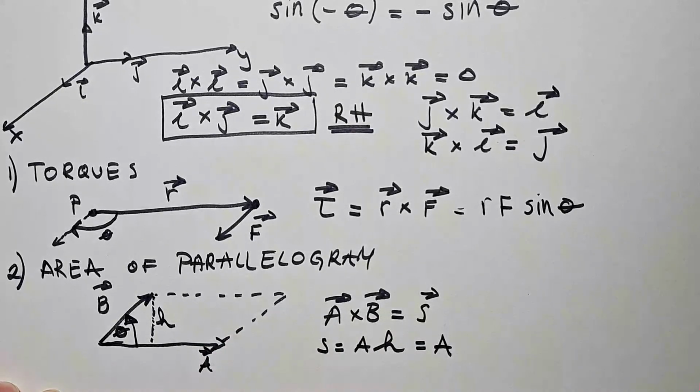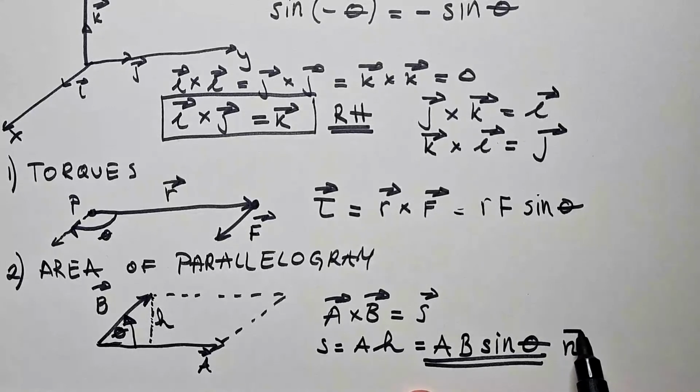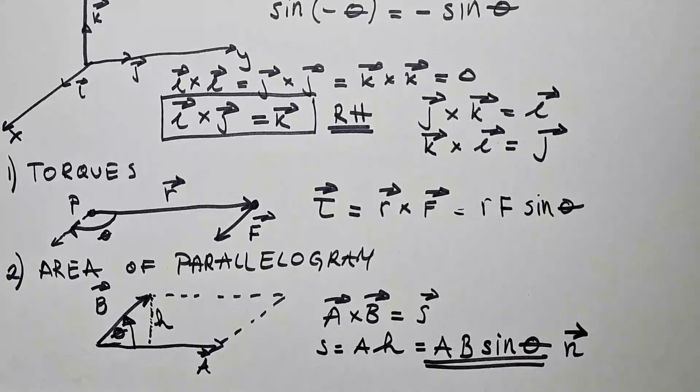From our video on trigonometry, you can immediately see that h is B sine theta. And look, this is exactly the magnitude of A cross B. But in order to end up with area that is a vector, I need again to add normal. And the normal is in what direction now?